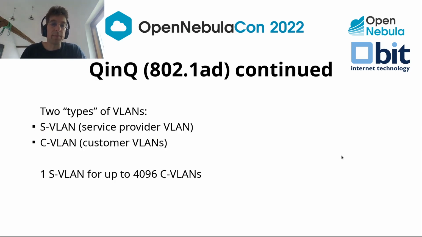So basically you can think of QinQ as having two separate types of VLANs. The SVLAN, or service provider VLAN, is used by the service provider to wrap the VLANs of the customer, called CVLANs, inside the Ethernet frame and transport it through its network.